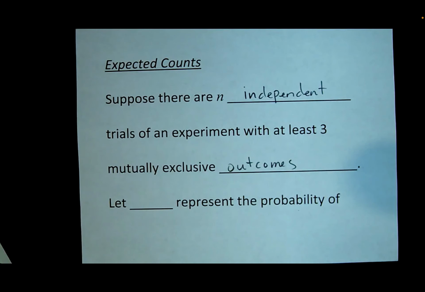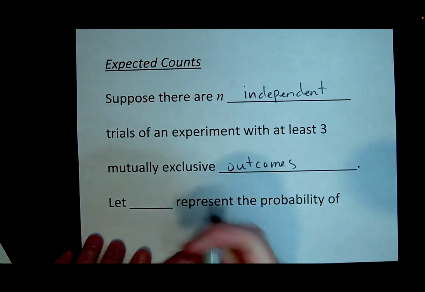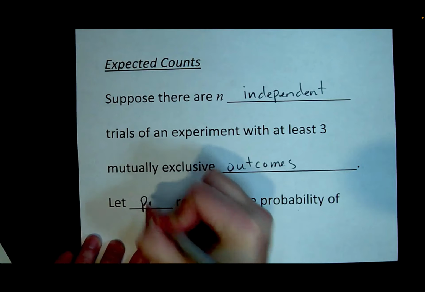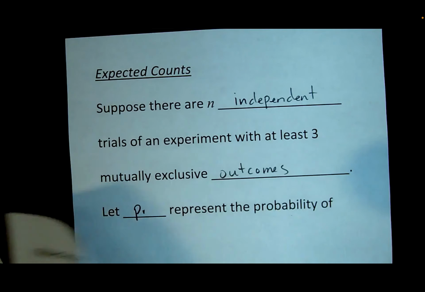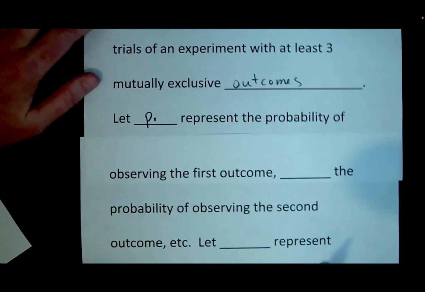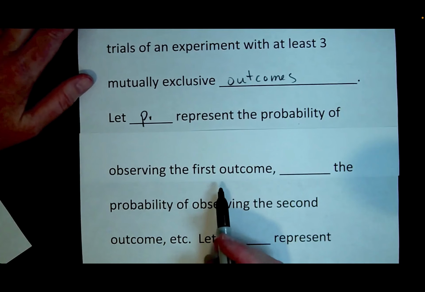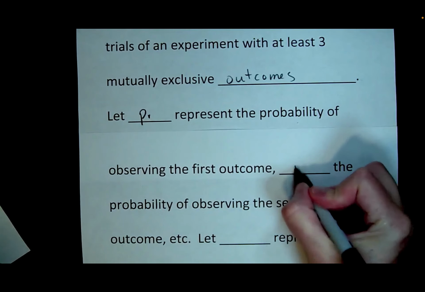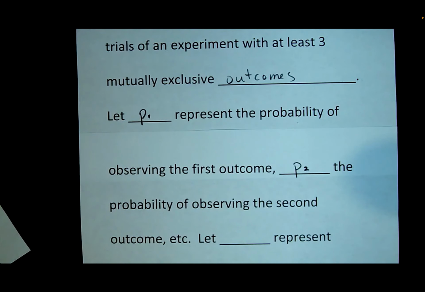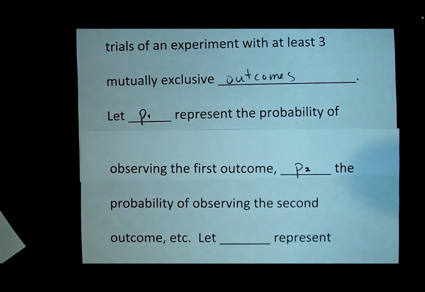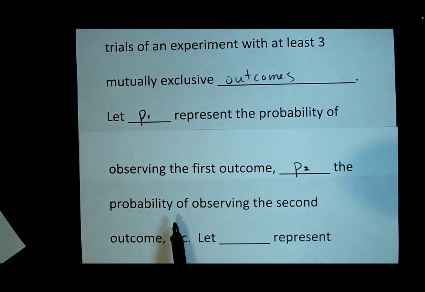Okay, so let's let P sub 1 represent the probability of observing the first outcome, in other words, of falling into the first category. P sub 2 will be the probability of observing the second outcome, in other words, having your data fall into the second category, etc. You get the idea.